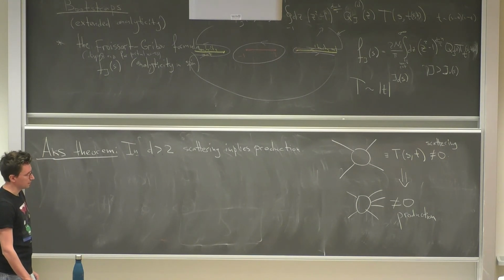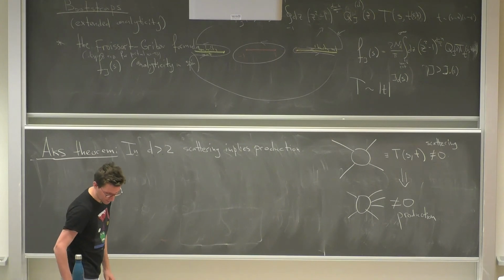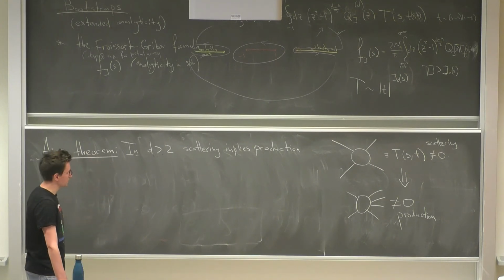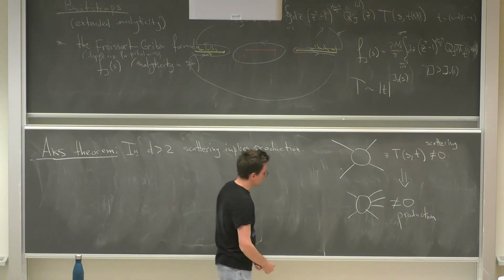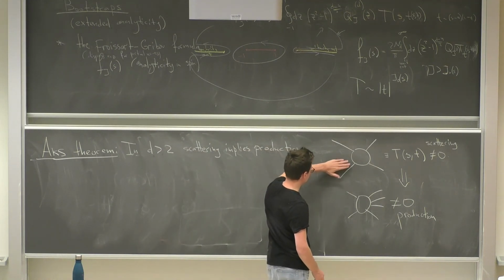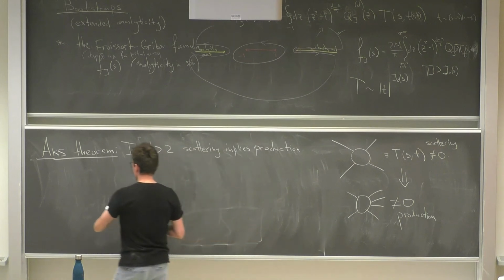Now, there is a one-line physics proof of this fact, which is not really a proof, but it's a picture. So let me draw this picture. You might think, okay, if I have such an amplitude, why don't I construct something like this?